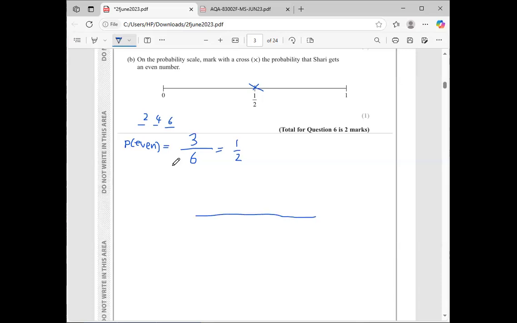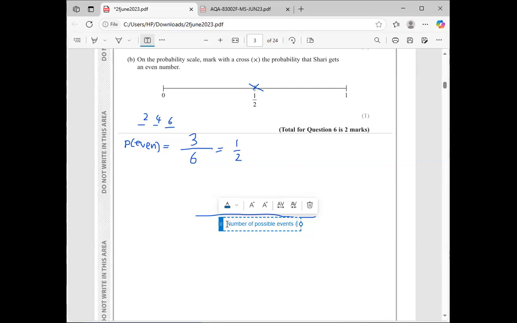Okay, please don't forget. I think I've written that down for you before, but let me write it down again. Number of required events. And I told you that required events depends on the question. Over number of possible events.